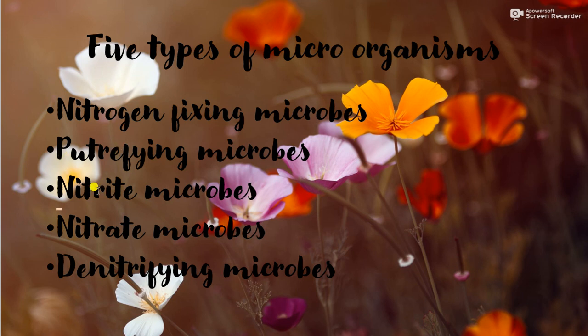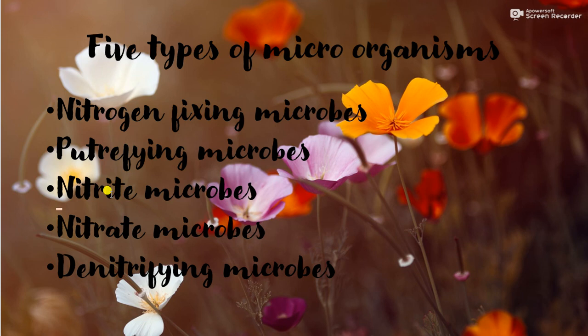And then the third kind is nitrite microbes. These nitrite microbes convert ammonium into nitrite. There are so many examples, and these nitrite microbes are so important. The examples for nitrite microbes are Nitrosomonas.